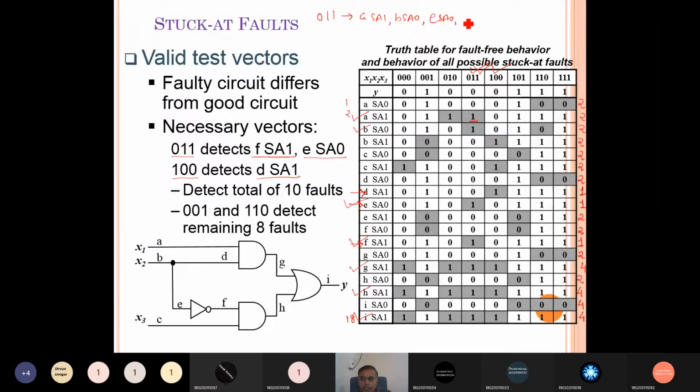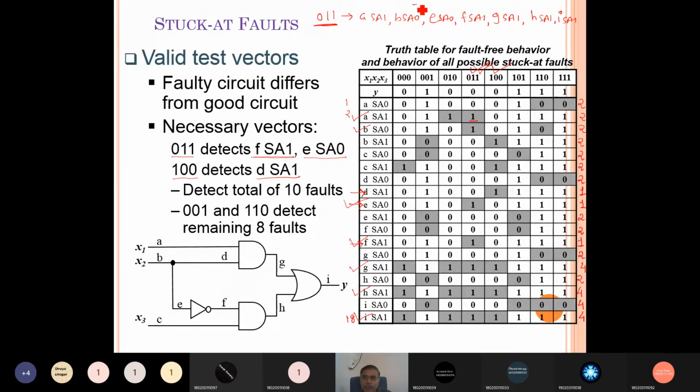Then after the E, F stuck at 1, then the G stuck at 1, then the H stuck at 1, and the I stuck at 1. So you can see this one combination detects 7 different faults.